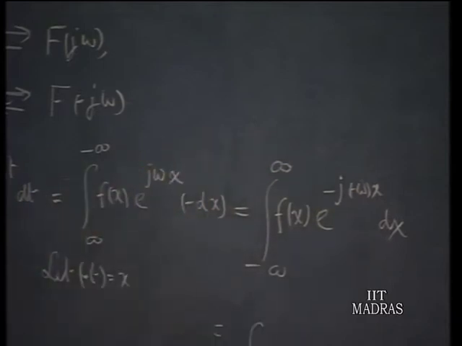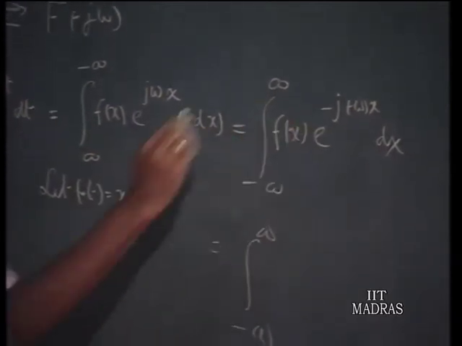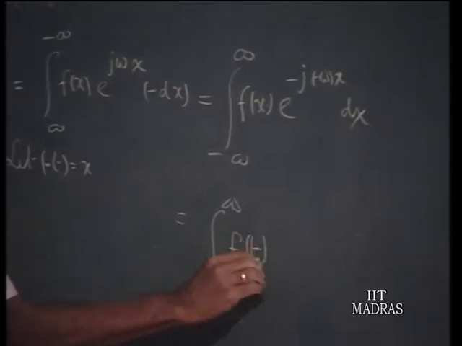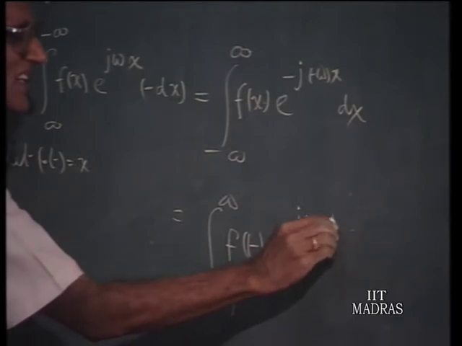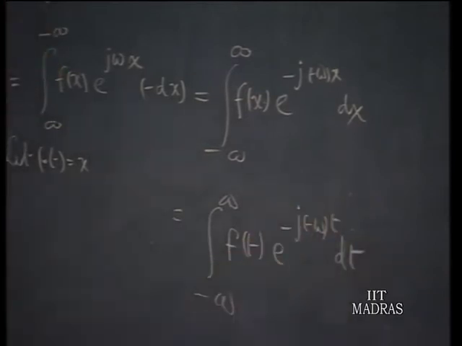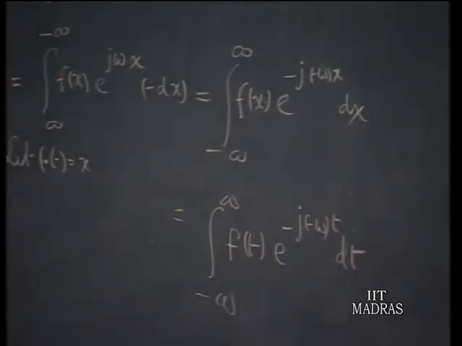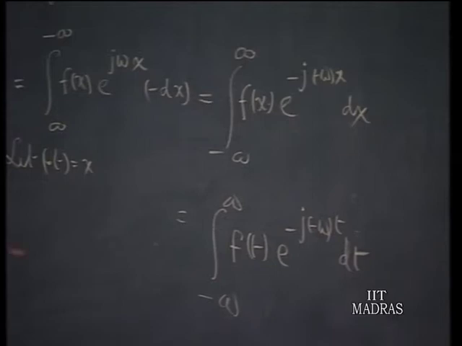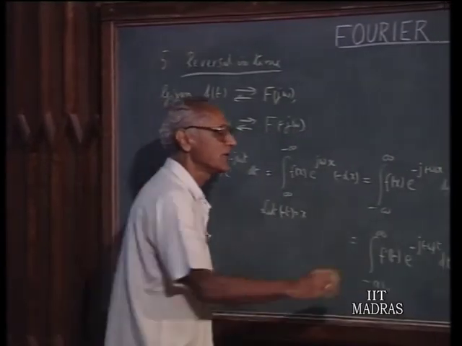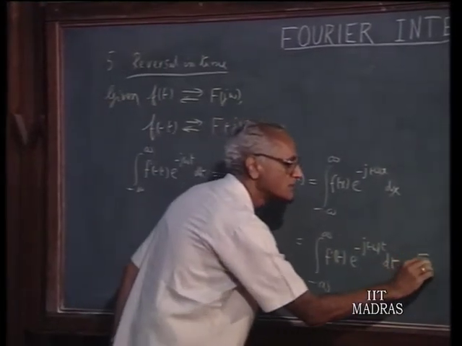This of course can be written as the integral from minus infinity to plus infinity, after all, x is a dummy index, of f of t e to the power of minus j minus omega t dt. So, the difference between the defining relationship for the Fourier transform of f of t and this is, instead of plus omega, you have got minus omega. Therefore, this is F of minus j omega.